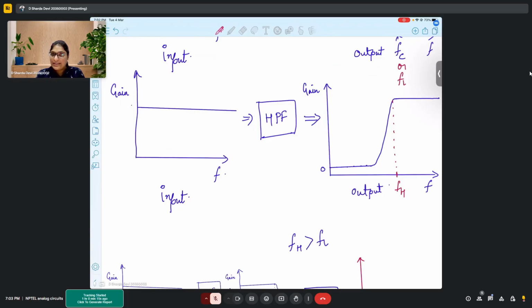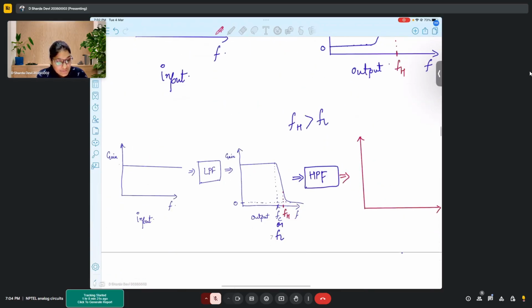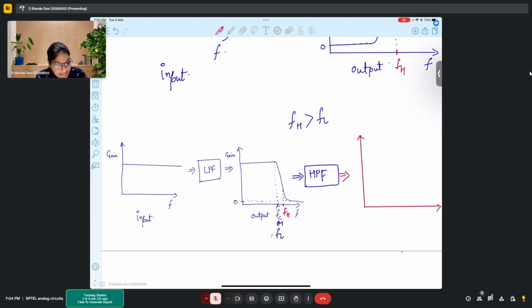No doubts in that, right? In high pass filtering, the frequencies greater than the cutoff frequency will be passed, and the frequencies less than cutoff frequencies will be eliminated, right?